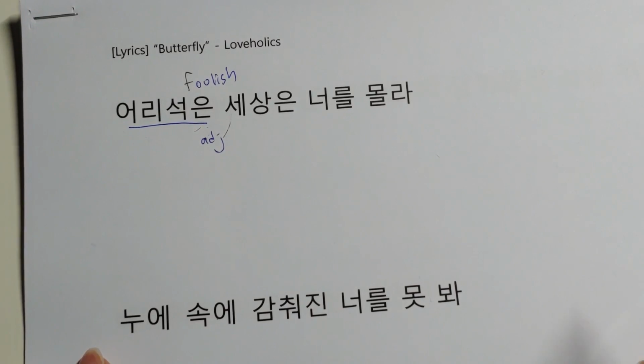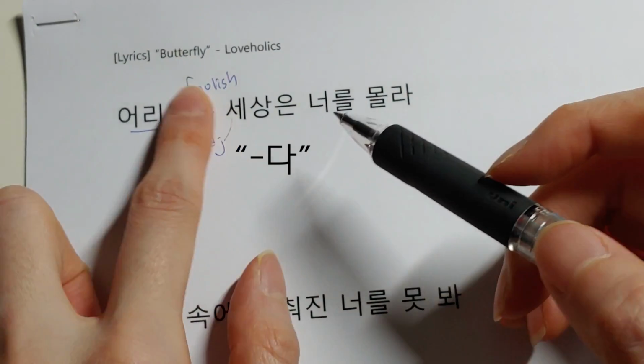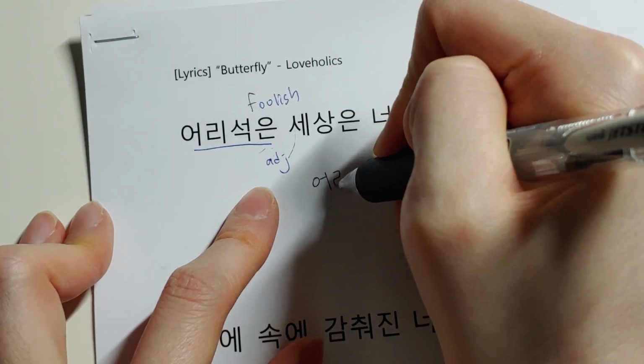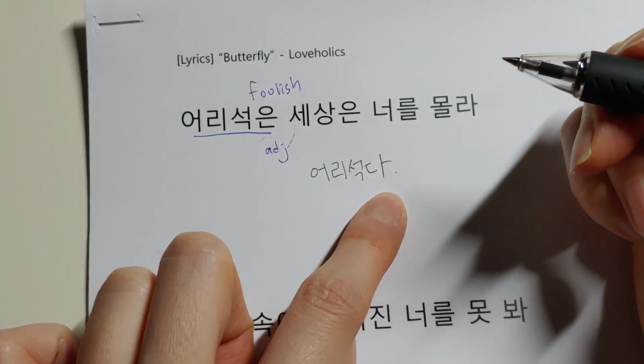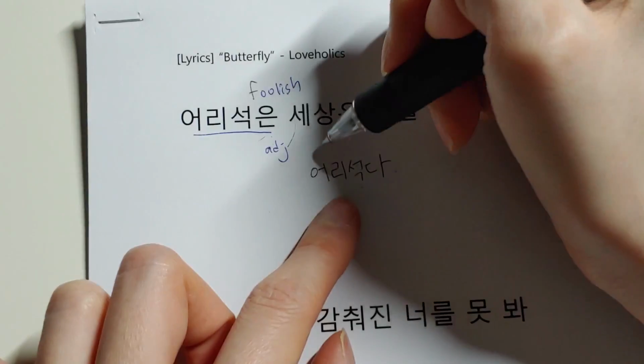Anyways, just like all verbs have a base form, and base forms are always conjugated when put into a sentence, each adjective also has its own base form too, and they also end with 다. So 어리석은, this adjective, comes from its base form, which is 어리석다. So this is the base form of 어리석은, but how did it change from here to here?